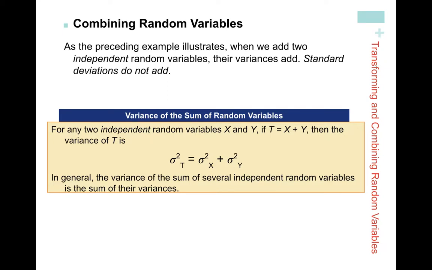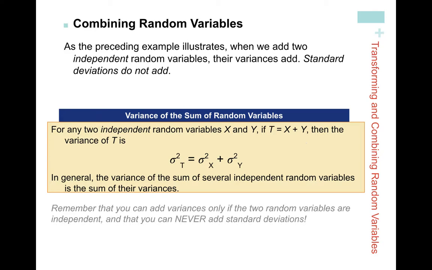It doesn't work. You have to turn the standard deviations into the variance of X and the variance of Y, then add those variances to get the variance of T, and then take the square root of this to get the standard deviation of T. Never add standard deviations. You will fail.